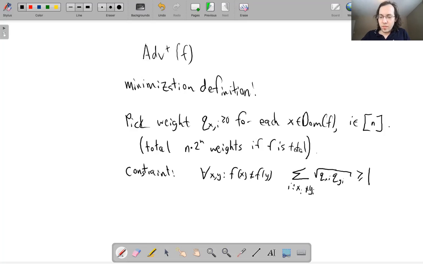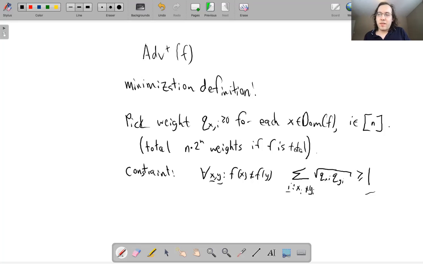The constraint is basically saying that if you take any 0 input x and any 1 input y, then you should place enough weight on the bits where they differ. The sum goes over the bits i where they differ, and you better place at least weight 1 on those bits. Intuitively, your algorithm must distinguish x from y.